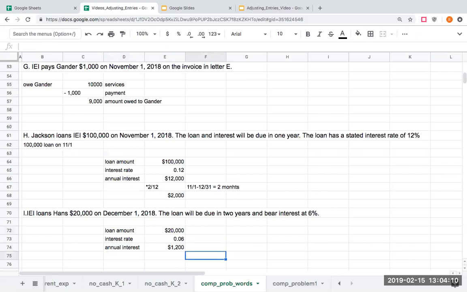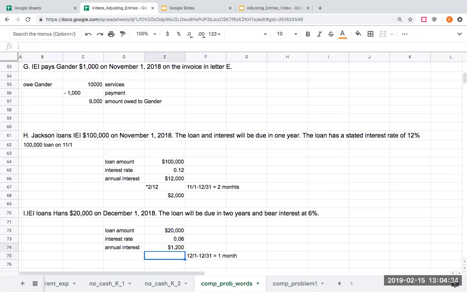So as I look at this right here, this is my annual interest. Have I loaned this money out for a year? No, it's only been for a month. So it's really from 12/1 through 12/31, or 1 month. Remember, this amount is the annual amount of interest that I am to receive.